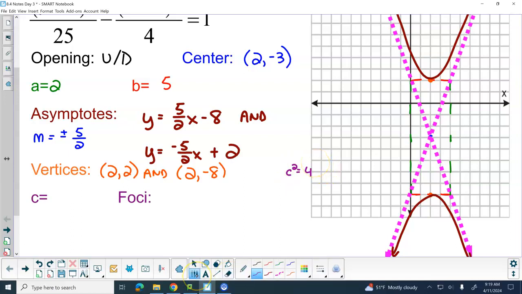It's already a squared plus b squared, which is going to be 29. So c is going to be the square root of 29. You agree with that? The square root of 29 is a little bit more than 5. Okay. Not quite 6. So we've got a focus there, and we've got a focus there.